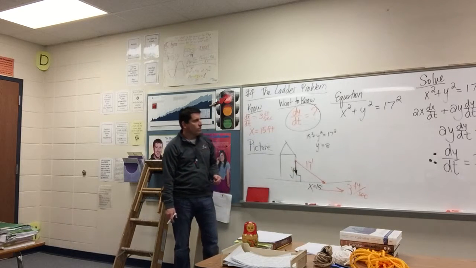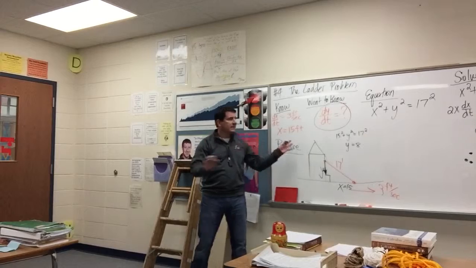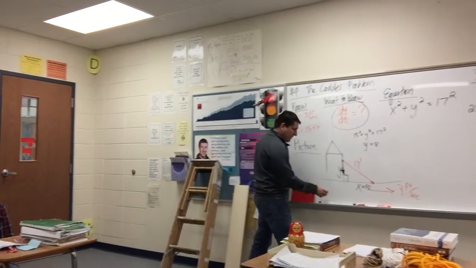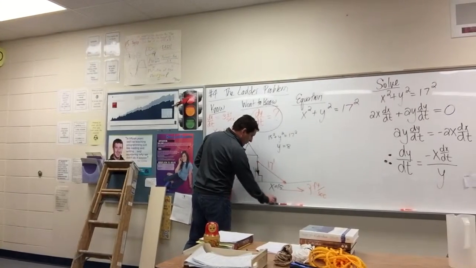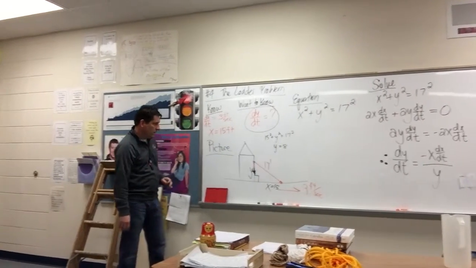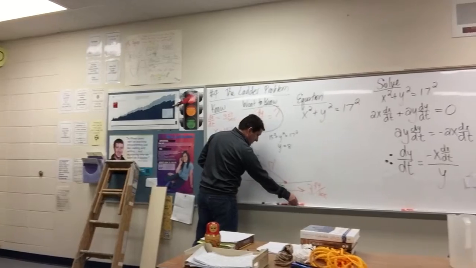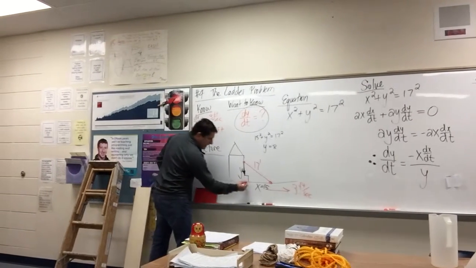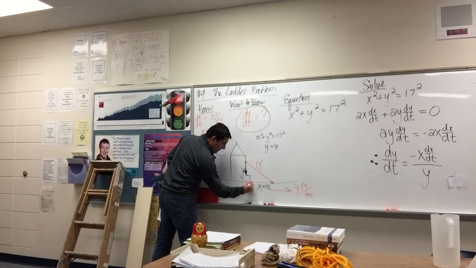Okay? Now, that's how you solve this problem. But I want to make sure that you understand this a little bit. What if I change this so that instead of being 15 feet away, it's only 2 feet away?